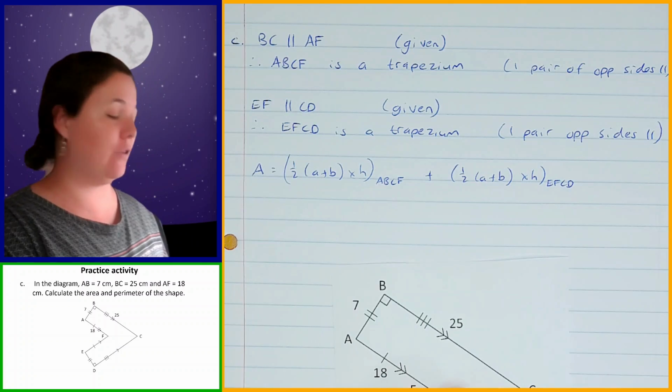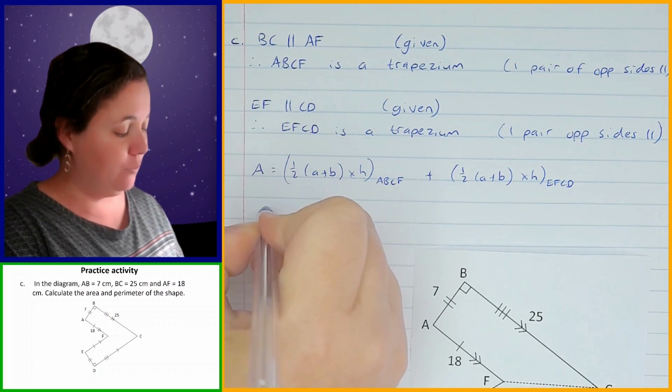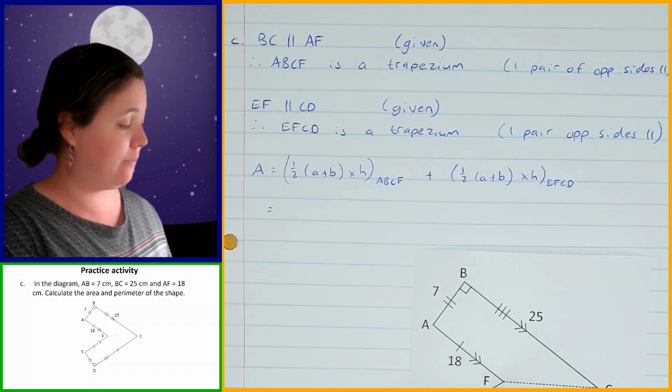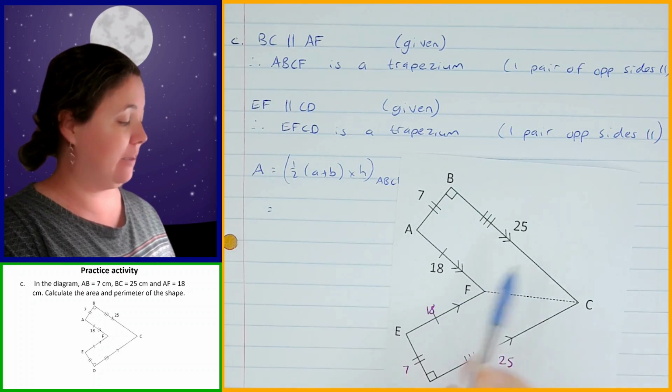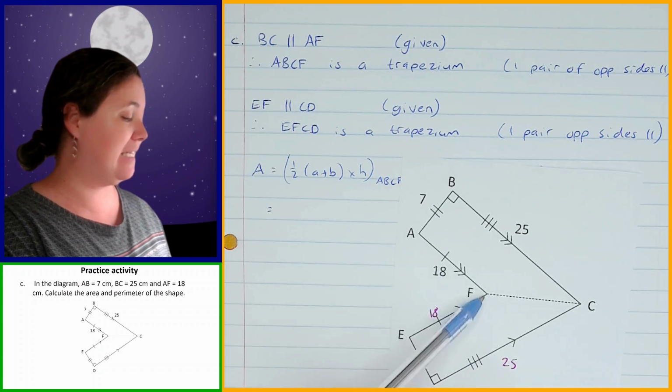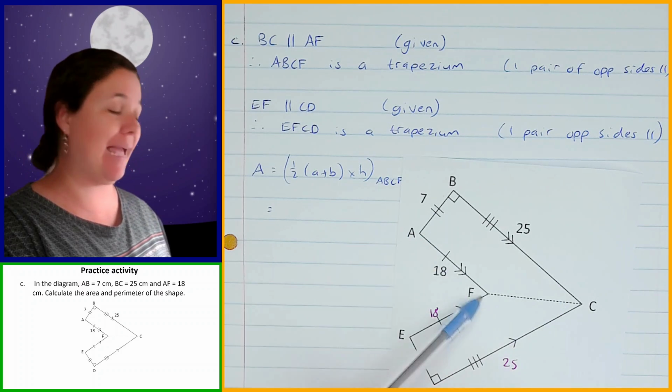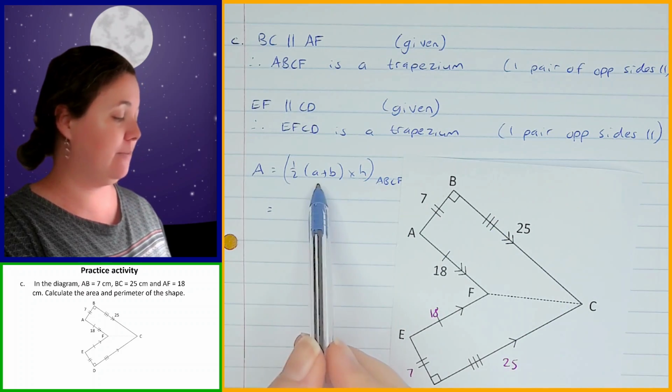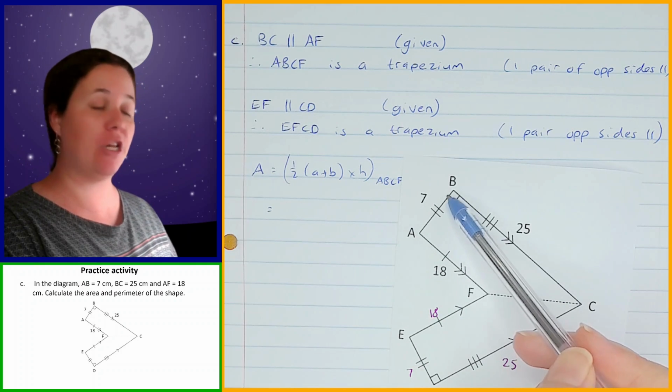Okay, so now let's go and fill in our values. So first of all, for ABCF, my two parallel sides are these ones over here. So it's 18 and 25. So that's going to be my A and my B in my formula. And the height is the perpendicular distance between them.